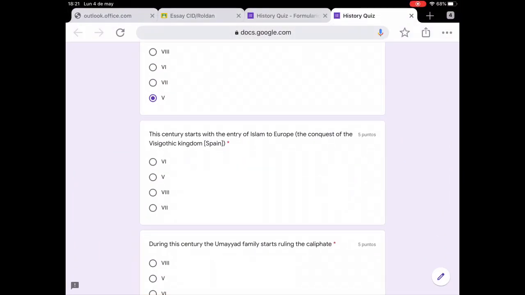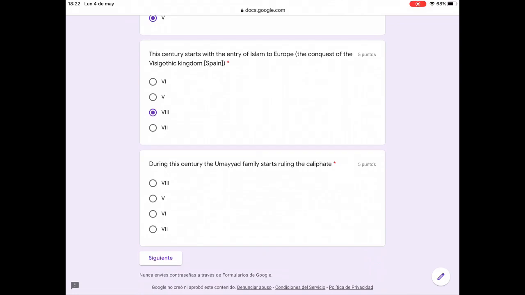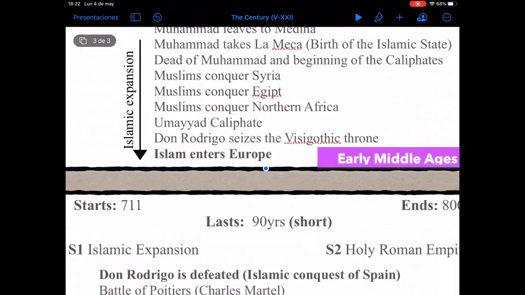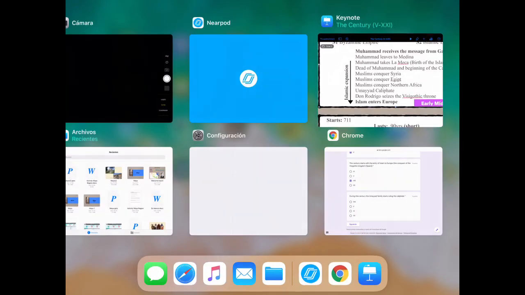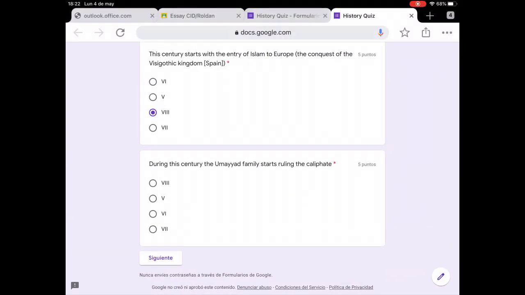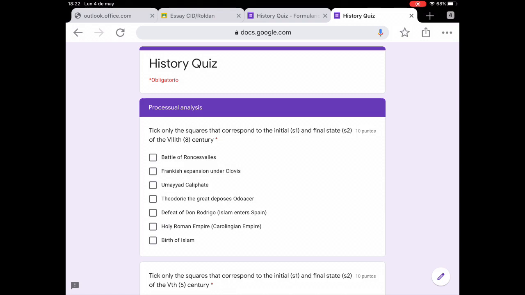That is the beginning of the century, so it is the century number 8. During this century, the Umayyad family starts ruling the caliphate. That is the 7th century, of course, but you can see it over here, Umayyad Caliphate, just above Don Rodrigo seizes the Visigothic throne, so it is 7. So now we have it.